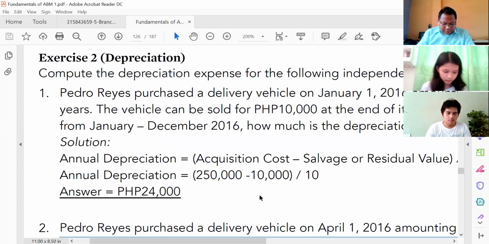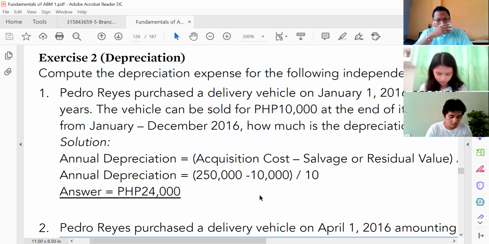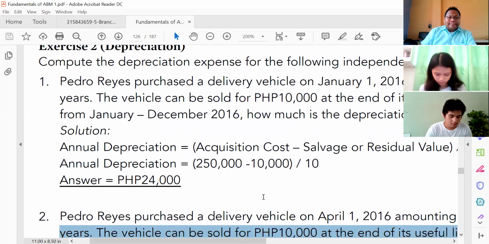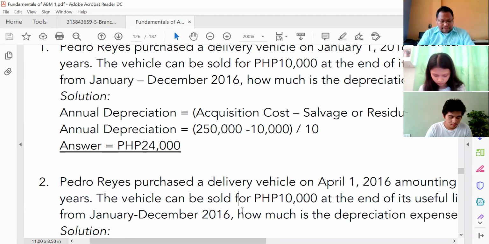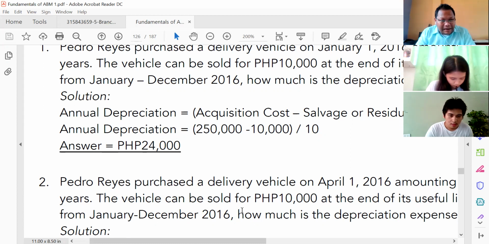What's the depreciation expense for number 2? By the way, please be reminded, number 2 begins with the month of April, not with the month of January. But your computation will still have to be on a 12 months basis.